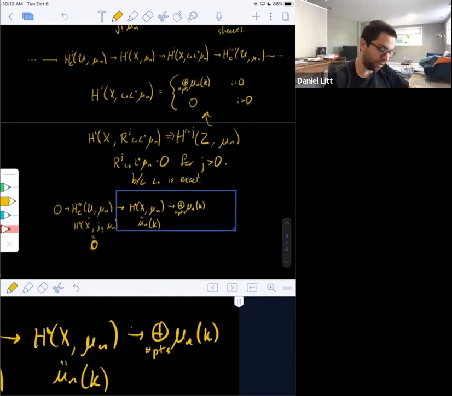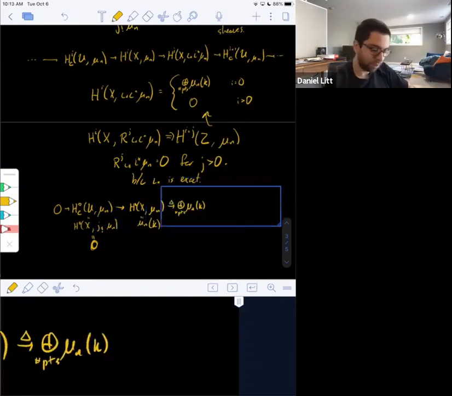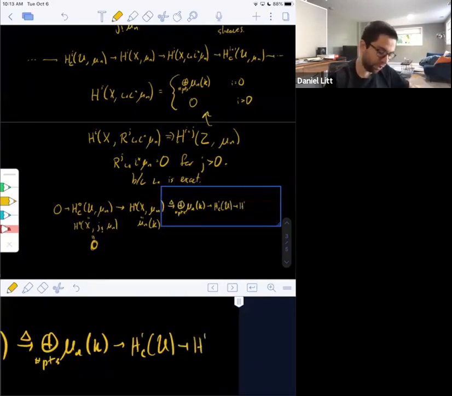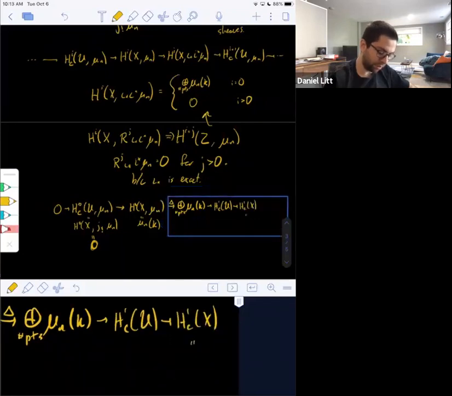And this map is just the diagonal embedding. Then we have H^1 compactly supported of U, which is what we're interested in. Well, one of the things we're interested in, that maps to H^1 compactly supported of X. So this is the n torsion in Pic, or sorry, n torsion in Pic.